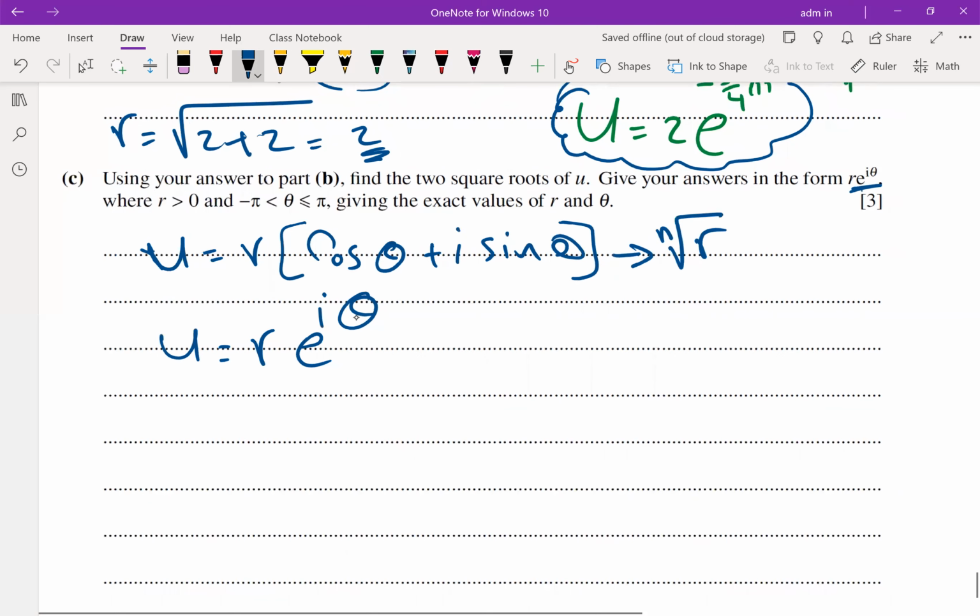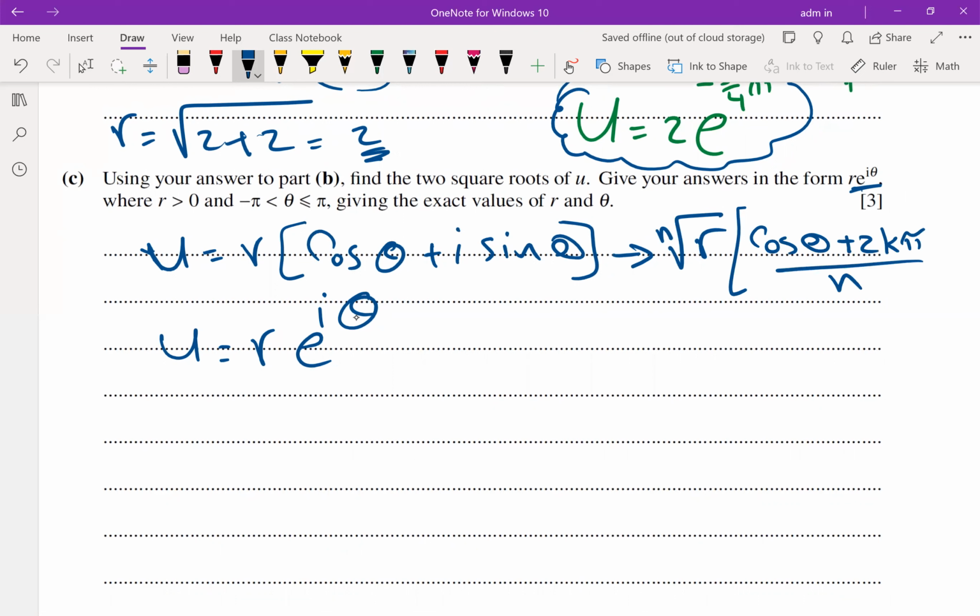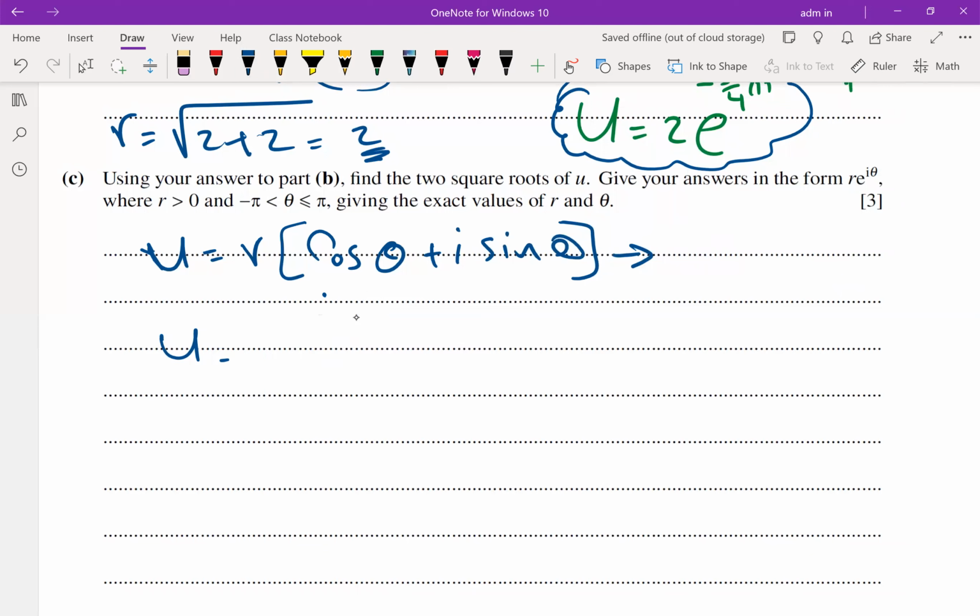The complex number written in this form, cosine theta plus 2k pi over n. I need a space, I will write it down. If the complex number is written in this form, how to get the nth root of the complex number u?